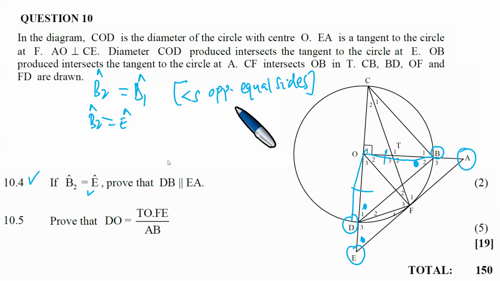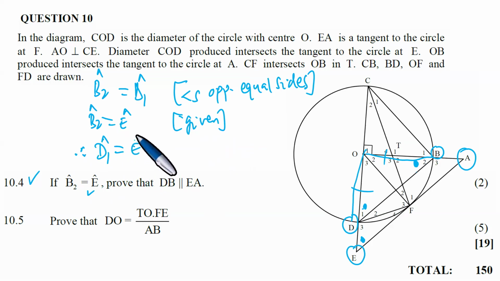Okay, let me see. Yes, that means they're corresponding angles, because B2 is E and it was given that way. Therefore, the angle D1 equals E. Therefore, DB is parallel to EA.